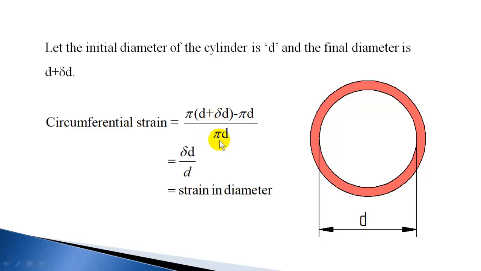So pi cancels, you get delta d by d, and delta d is change in diameter divided by initial diameter, so that is equal to strain in diameter. So delta d by d is strain in diameter. Finally we can see that circumferential strain and strain in diameter are one and the same.